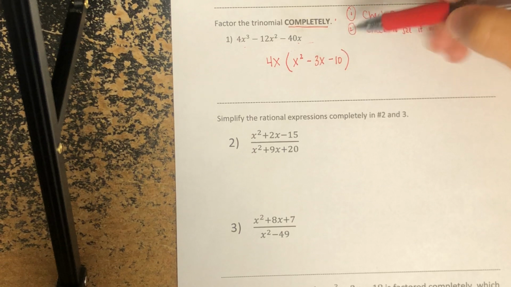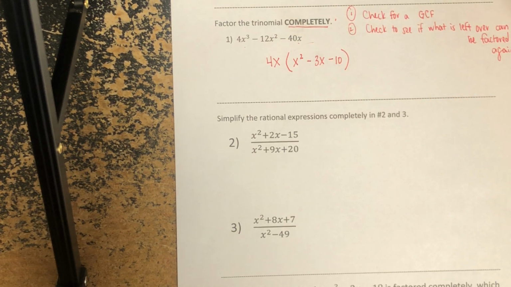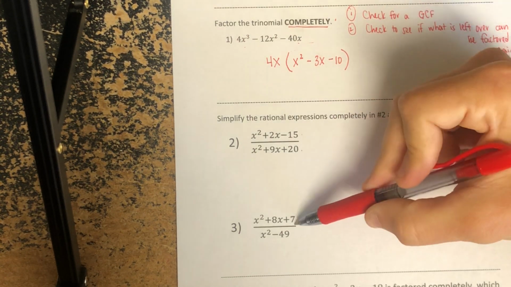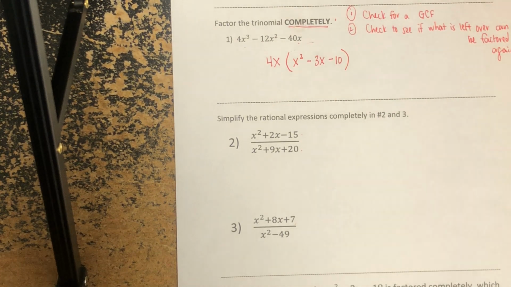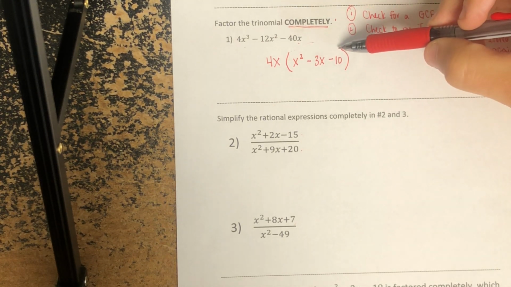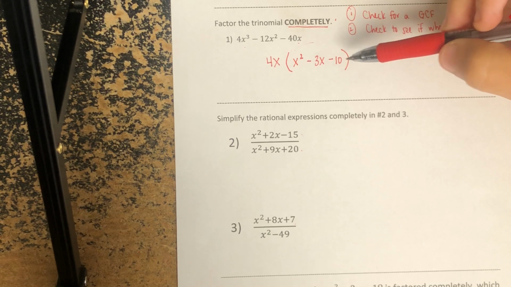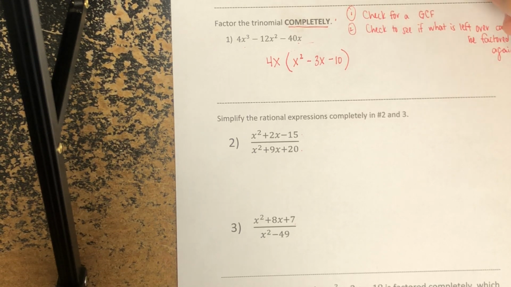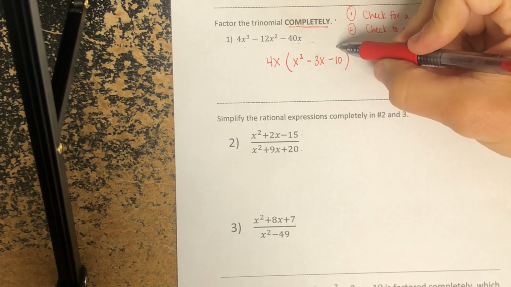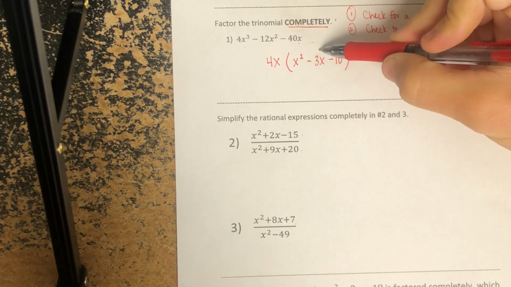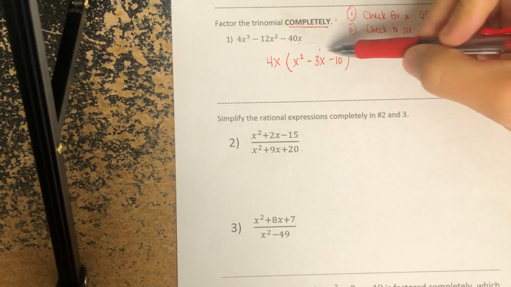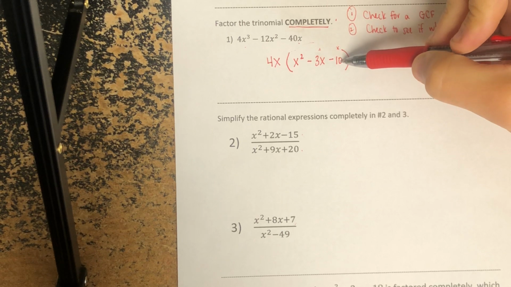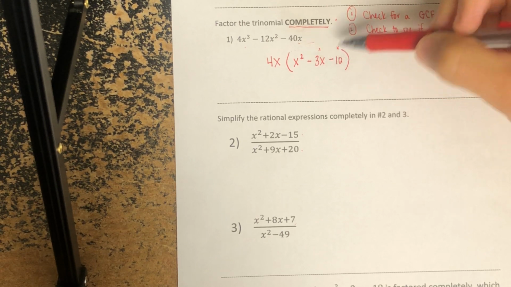And when you look at that, this is one of those standard trinomials. You'll see it down here in number 2, and it's also in 3, and then in number 4 as well. I had told you guys in class that this is the most common method of factoring, where we looked for factors of 10 that add to give you a 3, and specifically in this example, factors of negative 10 that add to give you a negative 3.